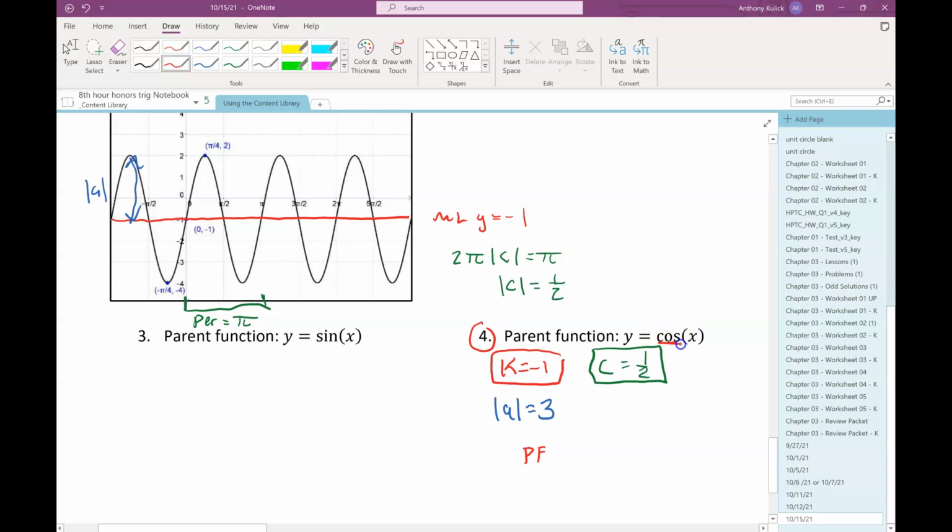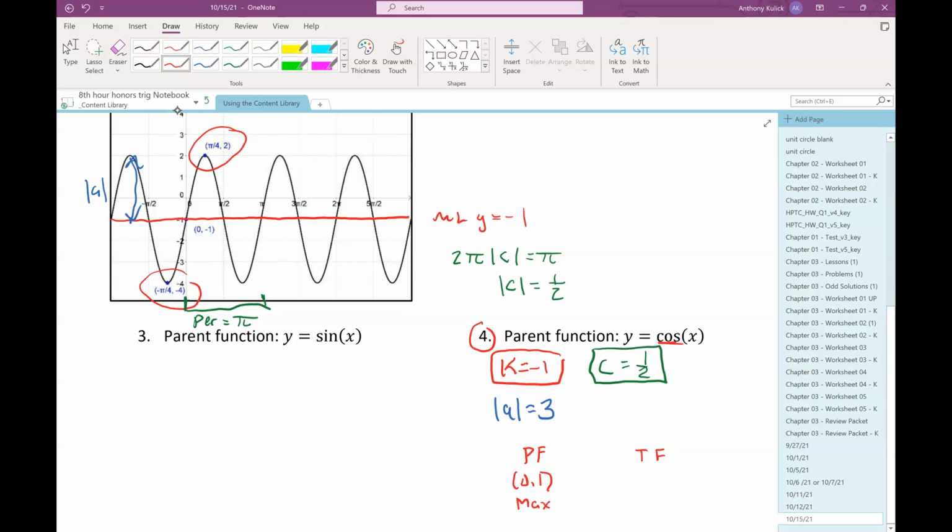Since we know we're using cosine, I'm going to use the point 0, 1, which was a maximum. And then I'm going to choose another extreme point for my transform function. I could pick the minimum or the maximum, but I'd pick one of these two where they've given me the coordinates, so I can't possibly screw it up by reading the wrong point off the graph.